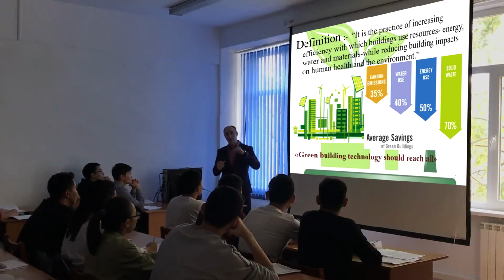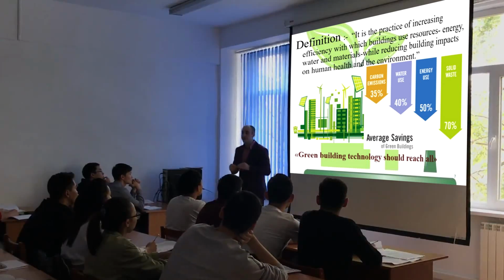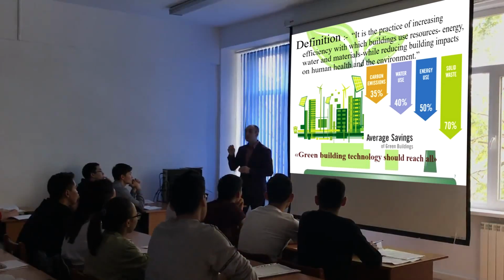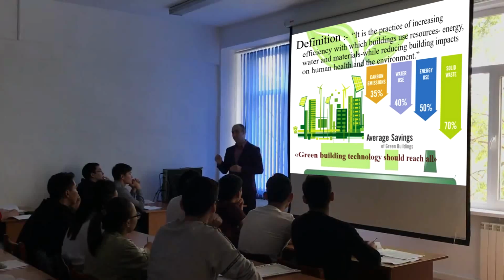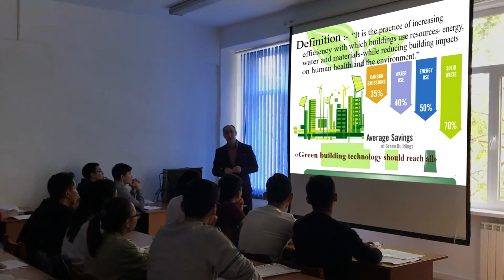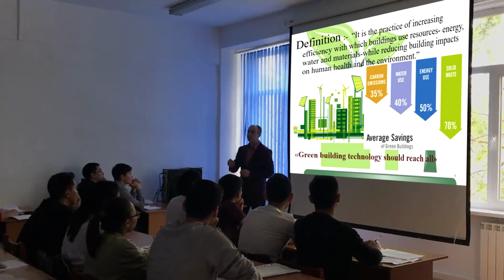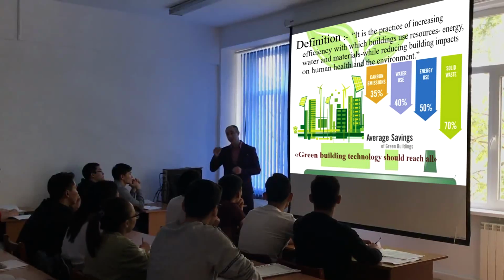Energy use. Green buildings, eco-friendly buildings, sustainable buildings should use less energy. Energy is one of the important aspects of green buildings, and during the design, of course, we need to reduce it. How can we do it?